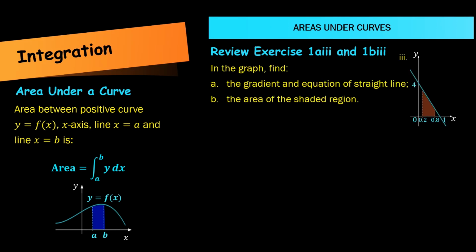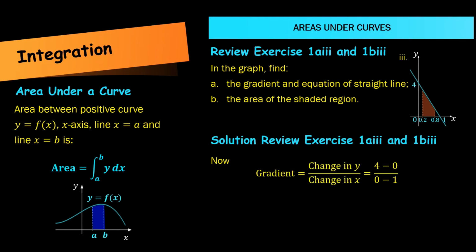And now for the last graph. Let's find the equation of the straight line. Again, we're required to plug in change in y over change in x. This is 4 minus 0 over 0 minus 1, which gives us minus 4.